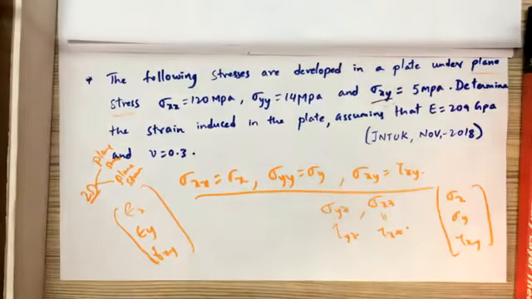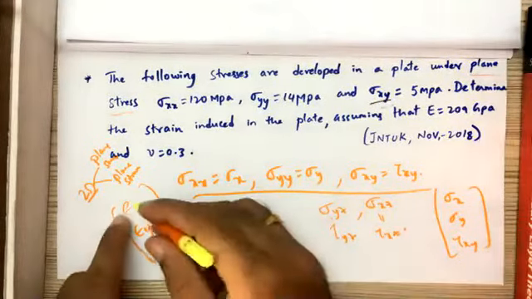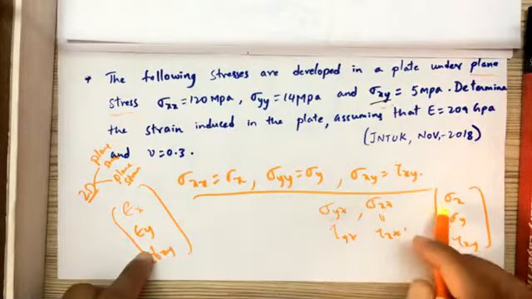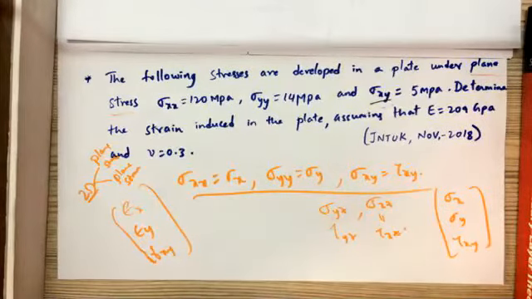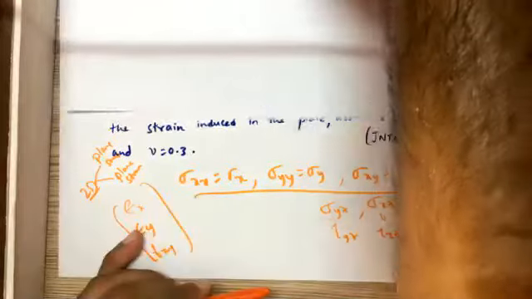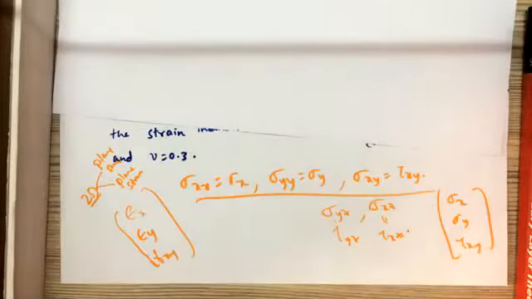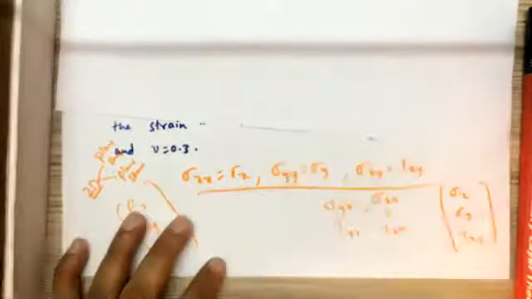Okay. So for 2D, we know strain is epsilon x, epsilon y, gamma xy, and stress is sigma x, sigma y, and tau xy. Fine. Now again, as I told you, we can do this problem in 2 ways.